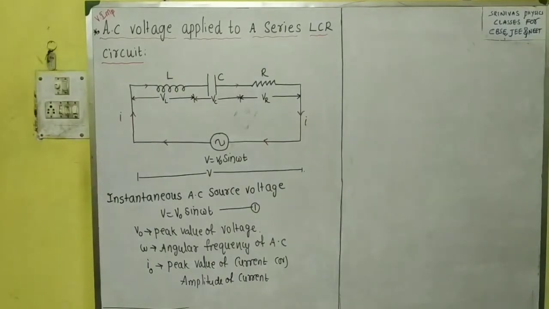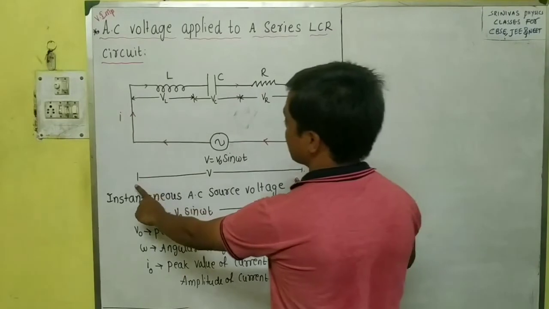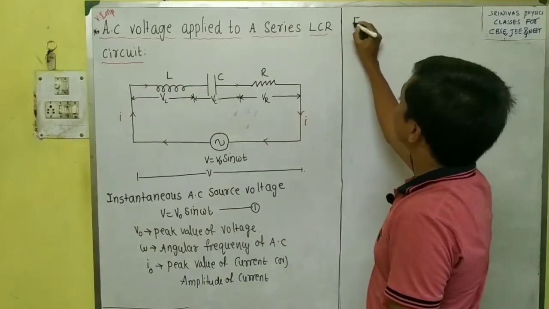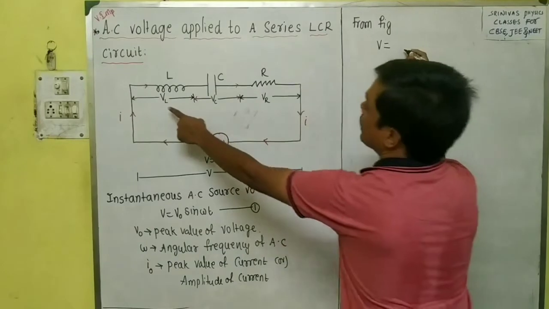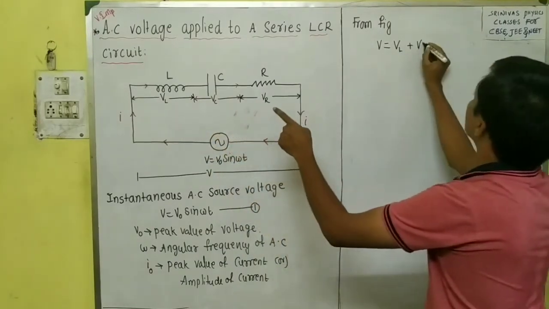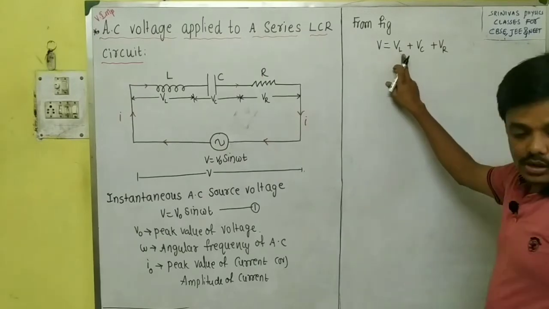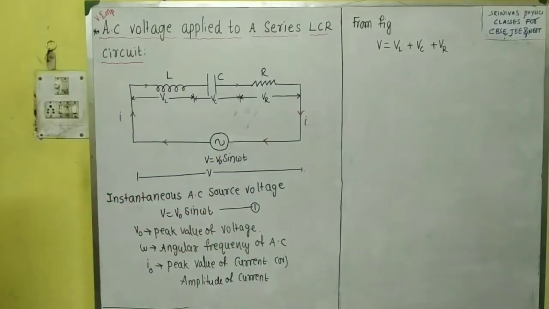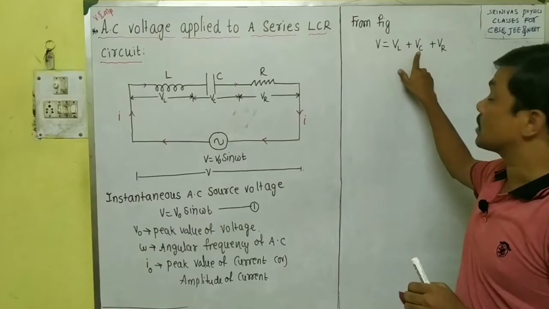Now if we write the equation according to Kirchhoff's law, how do we get it? From the figure, the voltage of the AC source is equal to the voltage across the inductance plus the voltage across the capacitance plus the voltage across the resistance.